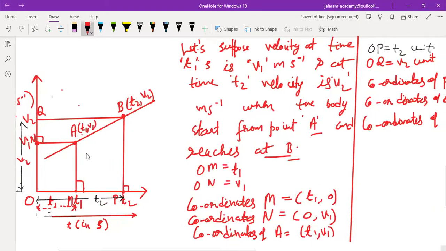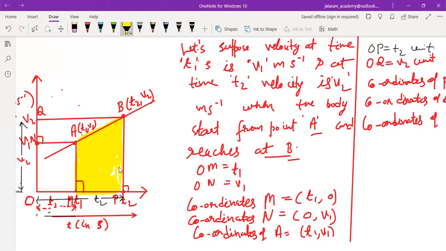So now let's find the area which lies below AB till the x-axis, that is, the area between the part AB of the graph and the x-axis.